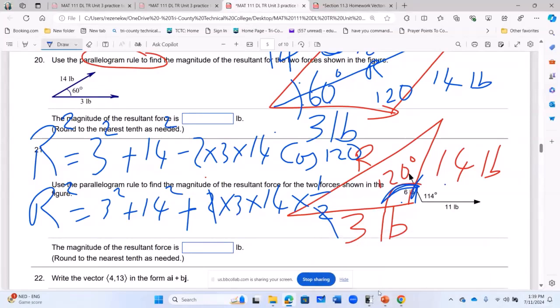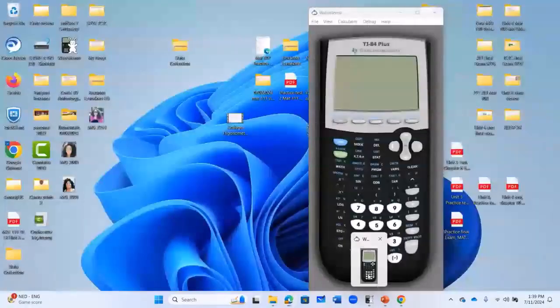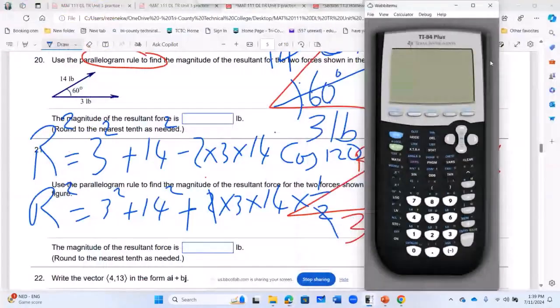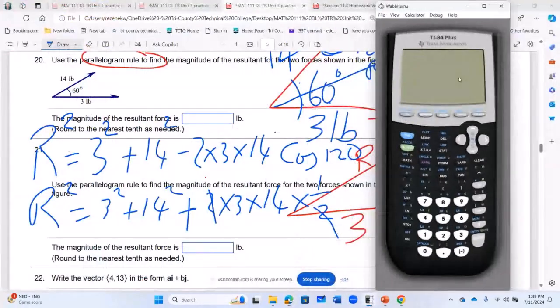I pull my calculator up, and I can now find the square root, because I'm going to square both sides. So I'm going to clear. Square root of 3 squared is 9.